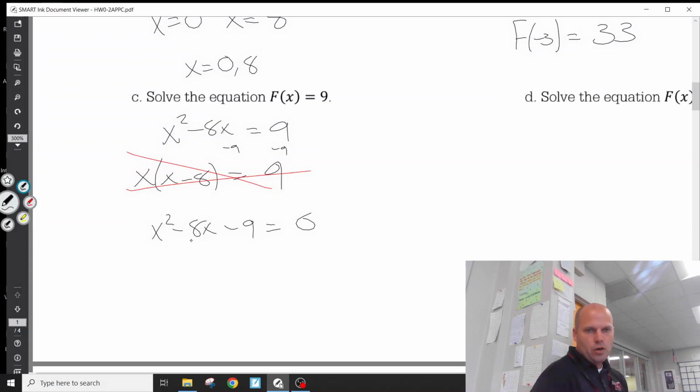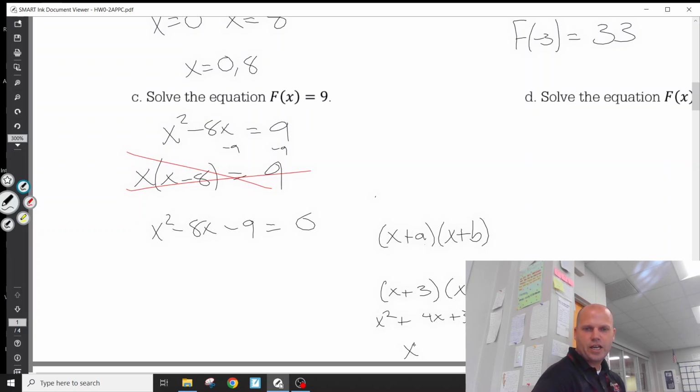Now, a lot of you, for this x squared plus bx plus c, like to use an x. I don't like using the x because sometimes it can confuse students. I just understand distribution. If I have x plus a times x plus b, if I understand distribution, I'm going to use numbers. I understand we get an x squared, we'll get a 4x, we'll get a 3x, and we'll get 12.